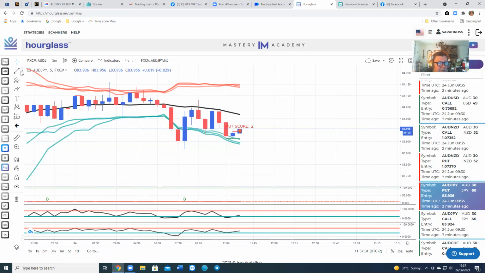986. Let me just put some of them on. That's 984, 996, 988 on that wick. I was looking at that level there, 996, that previous line of support.